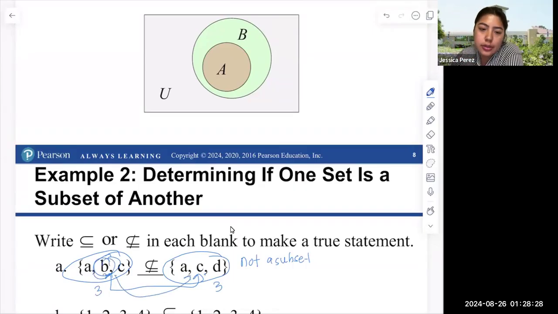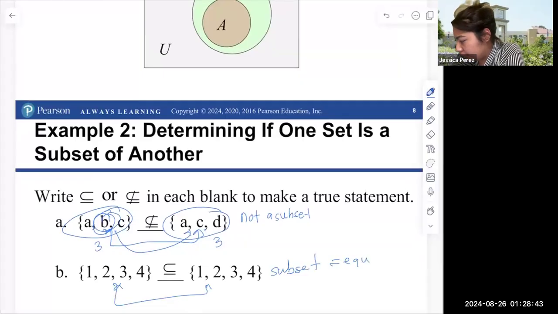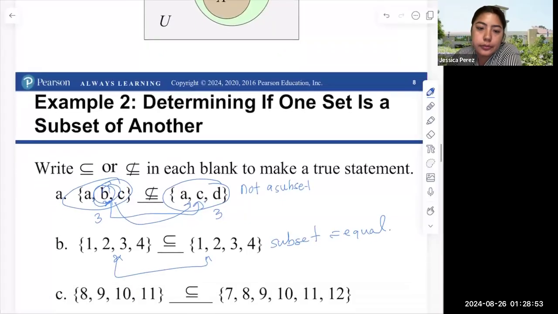It's not. So therefore it's not a subset. Now 1, 2, 3, 4 and 1, 2, 3, 4. Yes, this is a subset. And they're actually equal. So you can be a subset and be equal to each other.